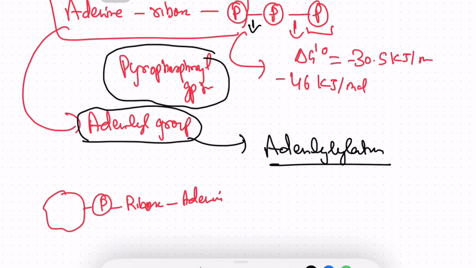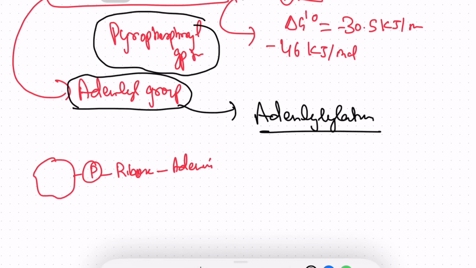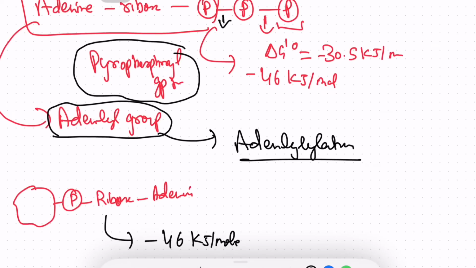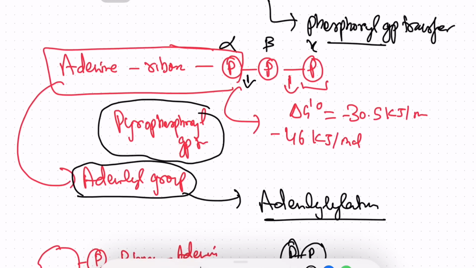When there is adenylyl group transfer, you see release of energy, minus 46 kilojoule per mole. But you are also going to see the formation of pyrophosphate. So this group has been transferred.